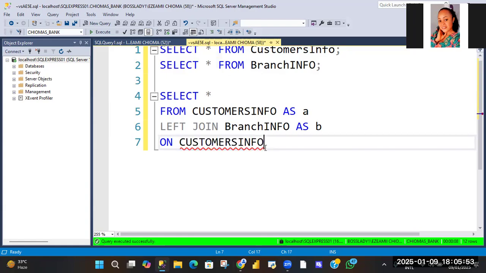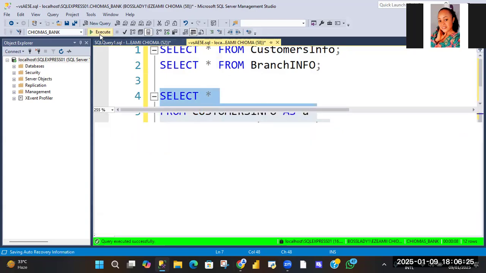I want to use customer info dot branch. So in customer info table, I want to join on branch ID, all right, equals to. Then on branch info table, I want to join on branch ID.